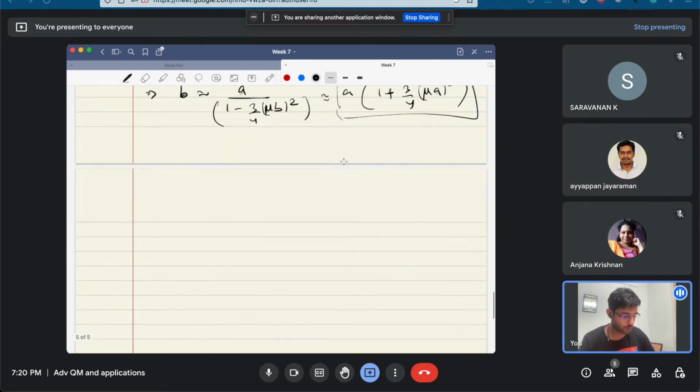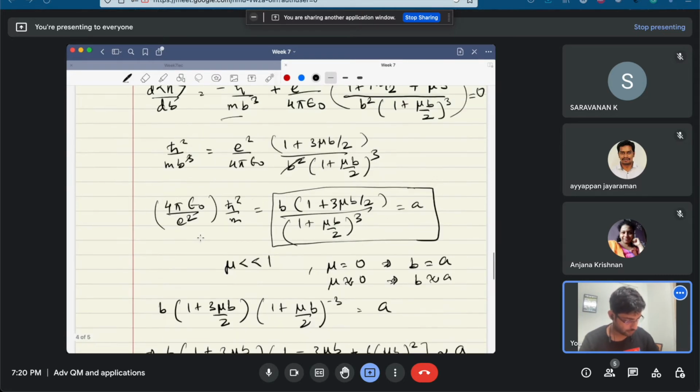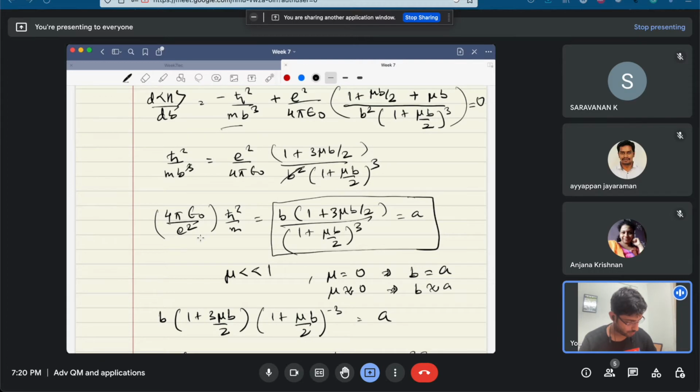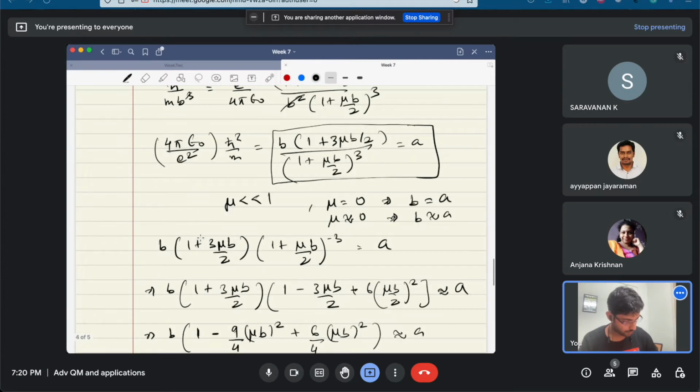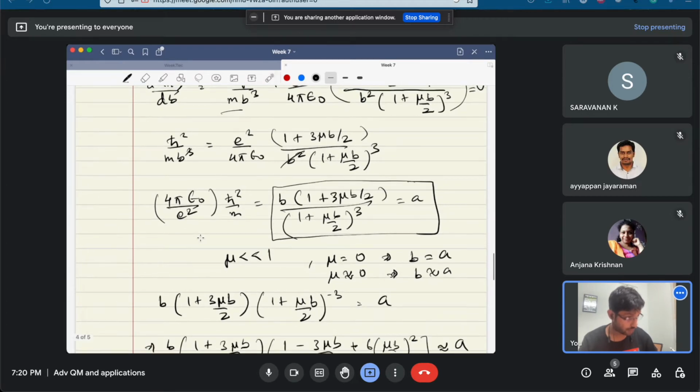So this is what b looks like in the end. We are going to use this and substitute b in the h minimum. So we have h minimum in this form.